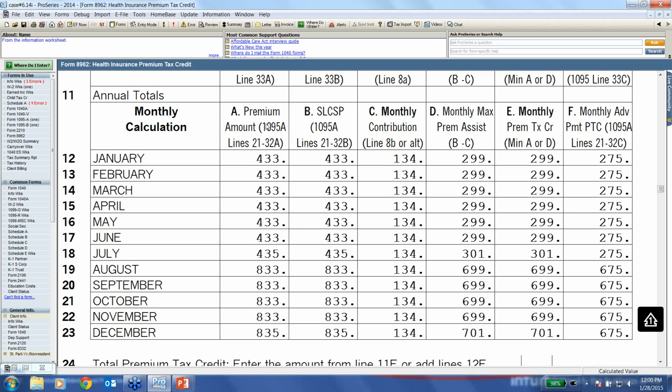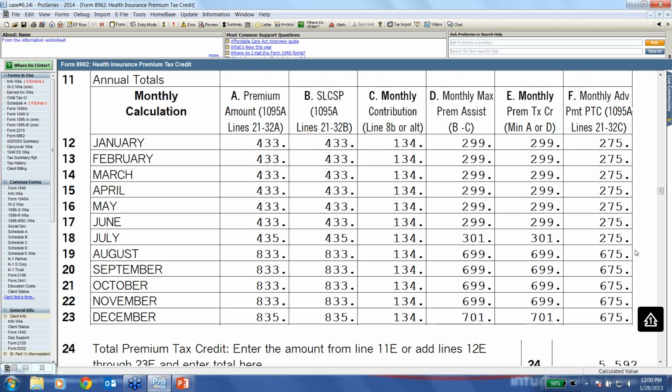It's underneath our cap of the premium amounts in column A. So our monthly premium tax credit, $299 and then $699 for the second half of the year. Monthly advances, as we said earlier, $275 January through July, and then $675 for the rest of the year.